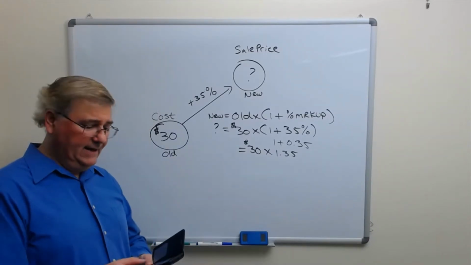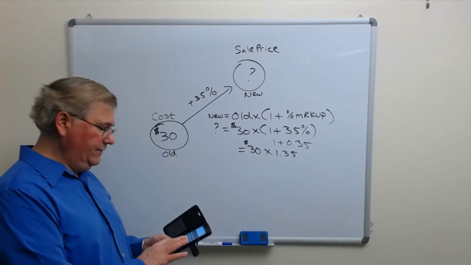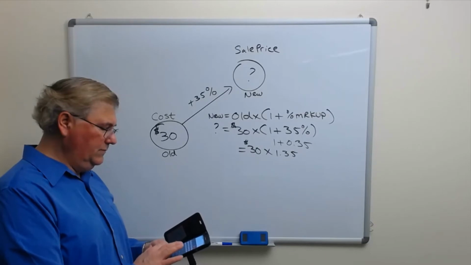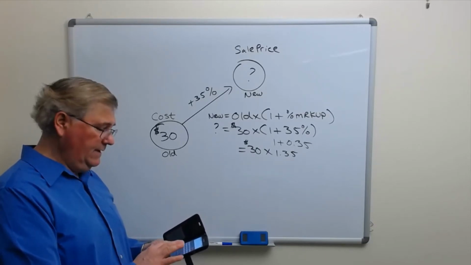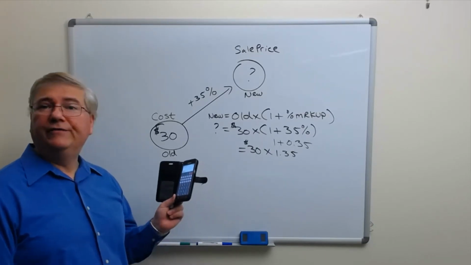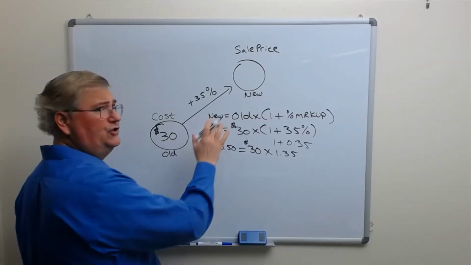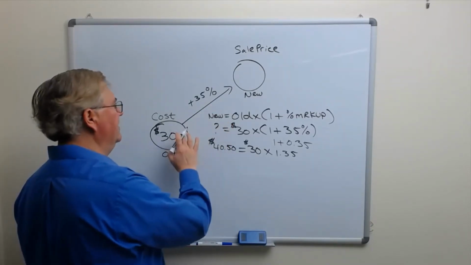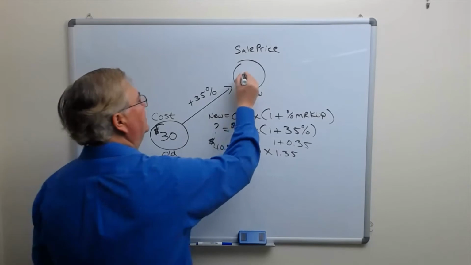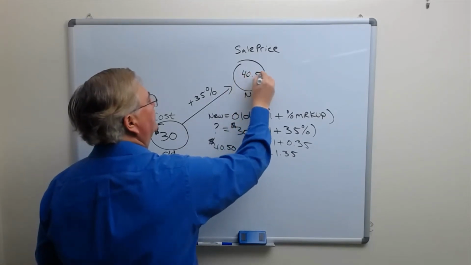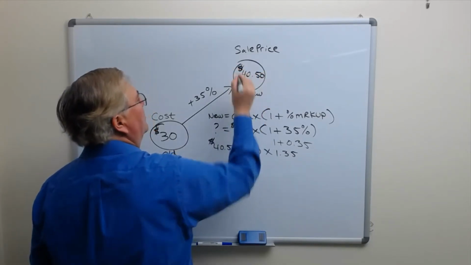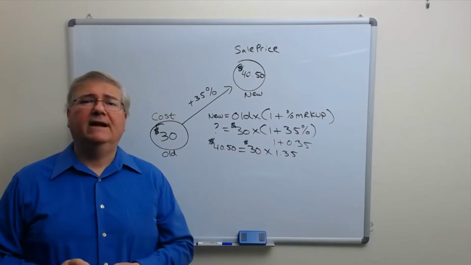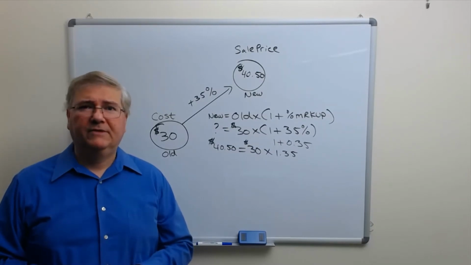So let's take out our handy-dandy calculators and multiply 30 times 1.35, and we get $40.50. So if Mr. Cheevers wants to make 35% over and above his cost, he should charge $40.50 per soccer ball. That's question 9, an application of the markup formula.